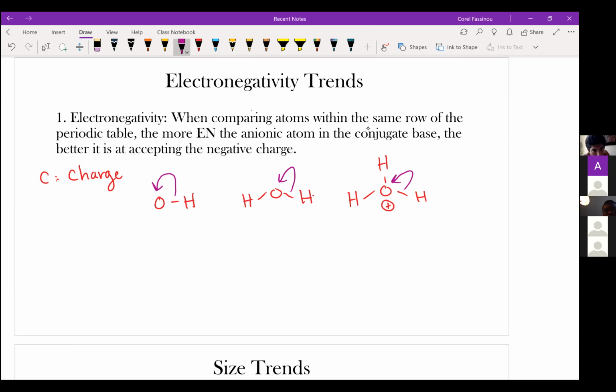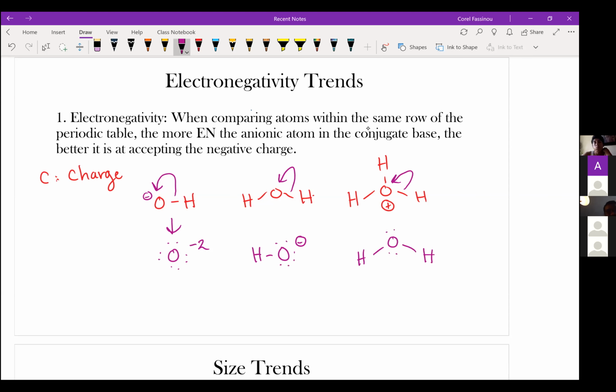So in doing this, and there's a minus charge right there, after you deprotonate, you'd end up with this. Minus 2, minus 1, and there's not going to be any charge on that.